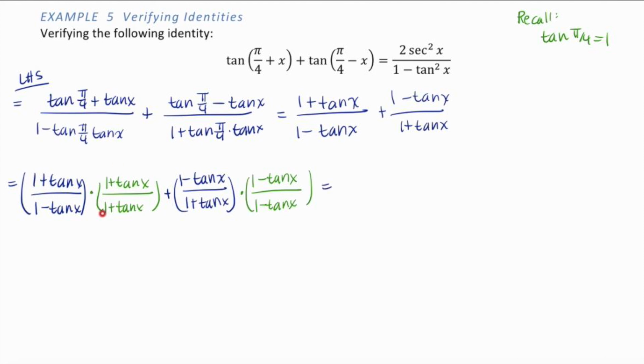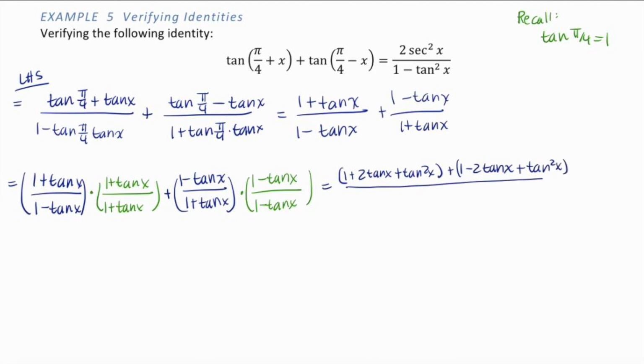So on the leftmost expression, this is a perfect square. So this is just 1 plus 2 tangent of x plus tangent squared x. And in my numerator here, on the right side expression, I have 1 minus 2 tangent of x plus tangent squared x.